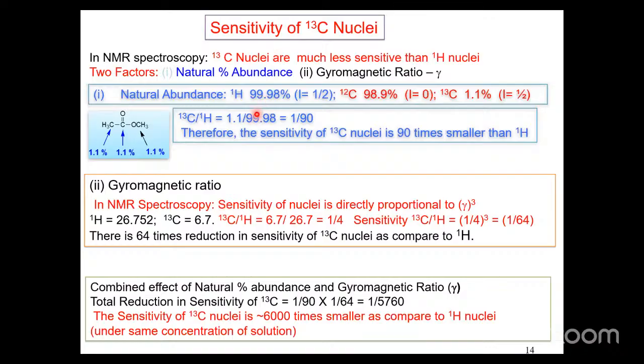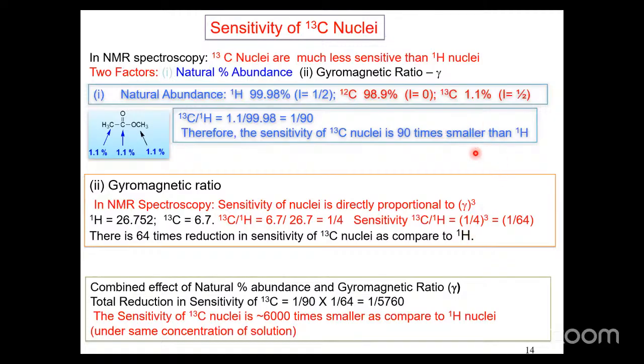Now, combining the effect of natural abundance and gyromagnetic ratio. For natural abundance, the ratio is 1 by 90. It's actually 1.1 divided by 99.98, but let's take the round figure 90. So natural abundance is 90 times less compared to hydrogen, and the sensitivity will also decrease 90 times relative to H1.